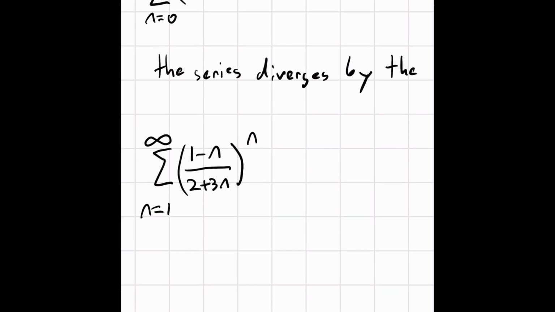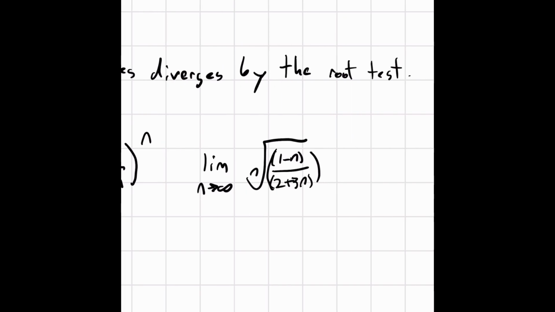Okay? Now there's one more to consider. Again, this is an nth power, so we want the nth root. Limit as n goes to infinity of the nth root of (1 minus n over 2 plus 3n), all of these to the nth power. And so doing the nth root on the nth power cancels.